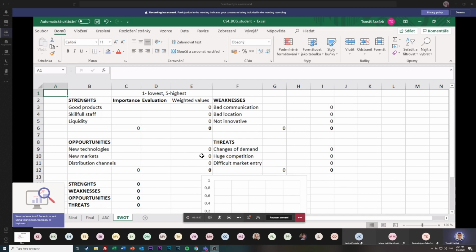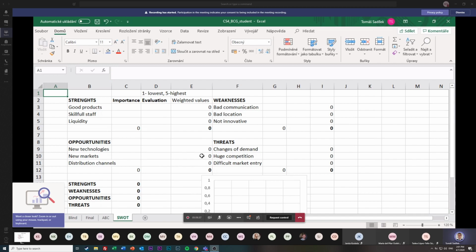So what do you think? Is it more important to have a good product, skillful staff, or liquidity? You can decide, and you will distribute this percentage between these 3 factors. It's important that the total for the importance has to be 1, or has to be 100%.